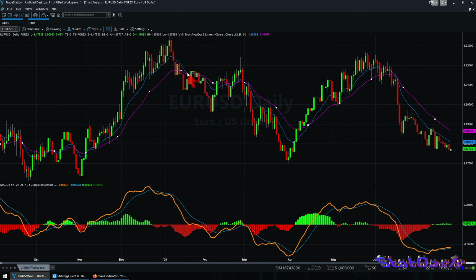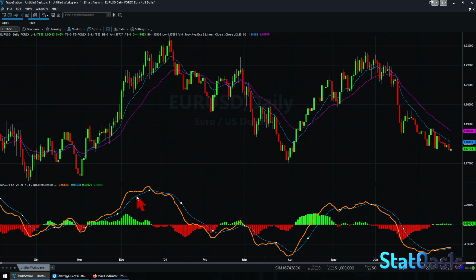And when it crosses below, again, the orange line will dip below 0. So if you're looking for a moving average crossover, for example, for trend following, this is very easy. Above 0, the cross is above. And when it goes below 0, the cross is below.